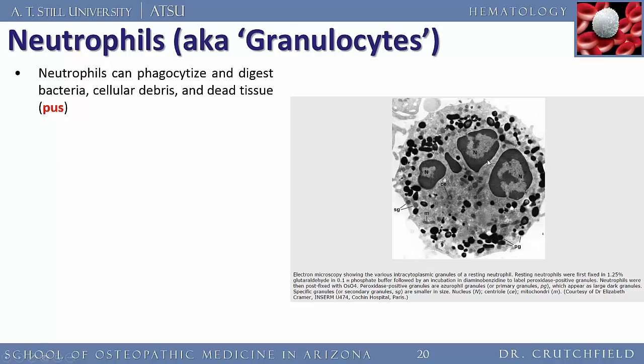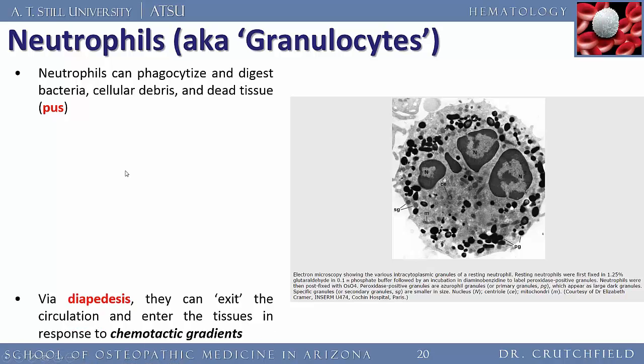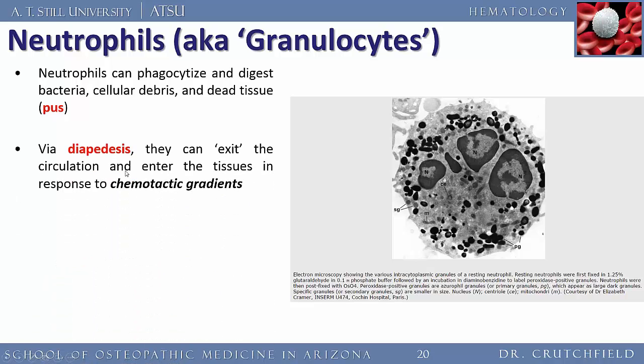These neutrophils can go out and eat and digest bacteria and cellular debris where they collect in the tissues. They're good for 2 or 3 days as pus. And they can do this via diapedesis. Pedesis means feet.